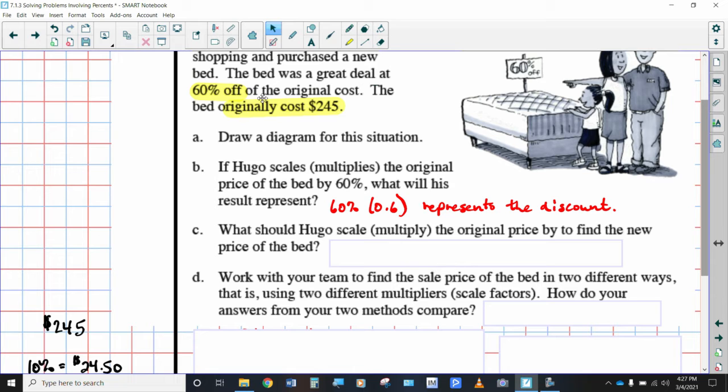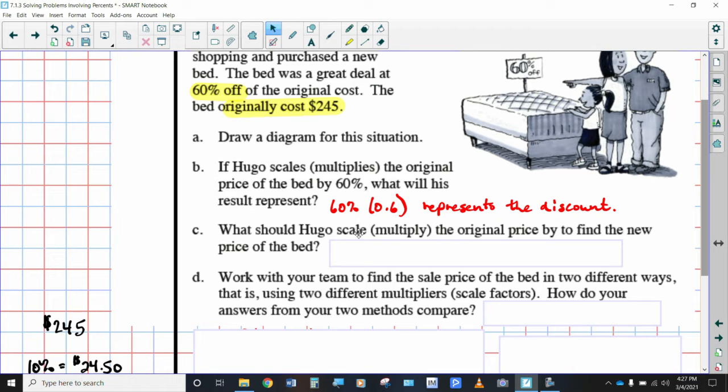Because it's 60% off. So if we find 60% of $245, that would be the amount of the discount. If it said it was 40% off, then 40% would be the discount and 60% would be the actual price. So in this case, it's 60% off, which seems like a lot to be marked off, but hey, they're trying to get rid of that bed, so they want to sell it.